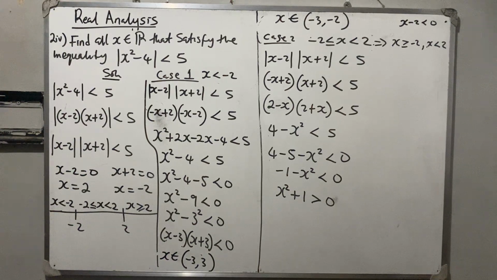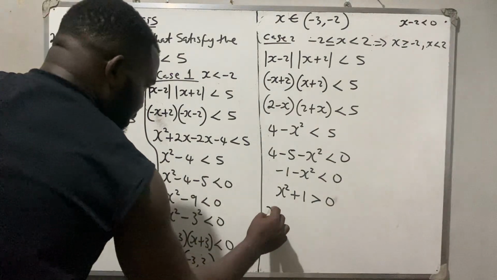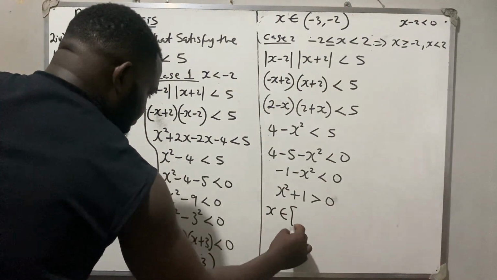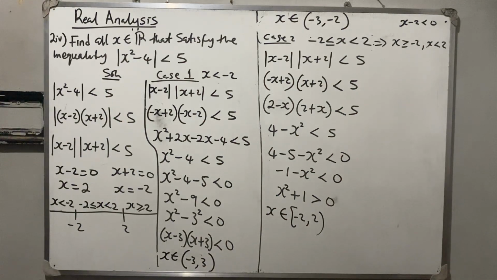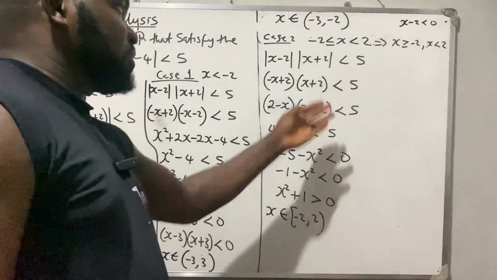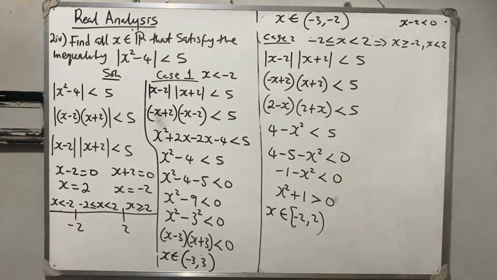If you solve this inequality, you are going to get that x lies between minus 2 and 2. You can solve that inequality to see if it is correct. According to what I have here, the solution of this inequality is this. So if you now combine this one with this one, then you see what we're going to have.